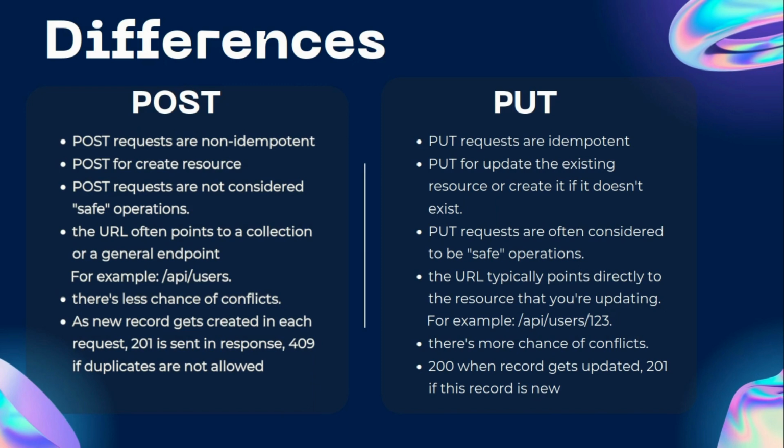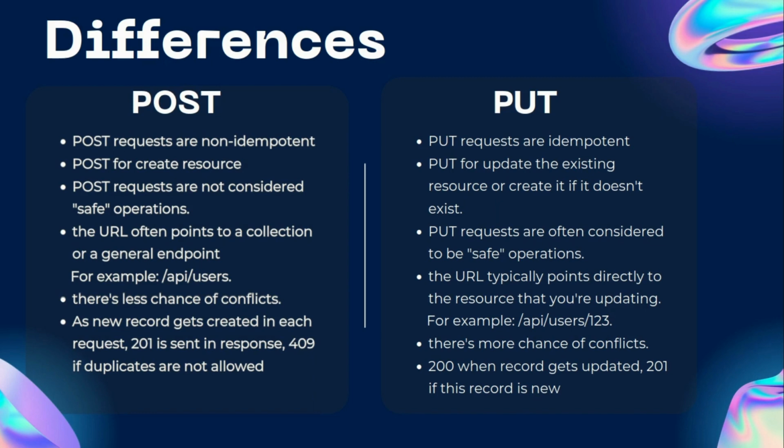POST requests are used for creating a new resource, whereas PUT requests are used for updating existing records on the server. But if the resource does not exist on the server, then the PUT request will create a new one.